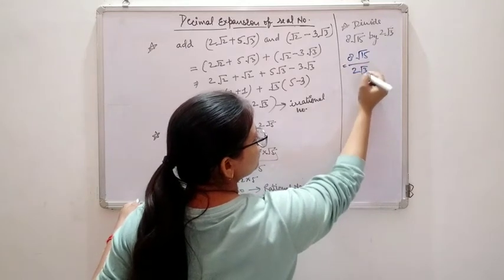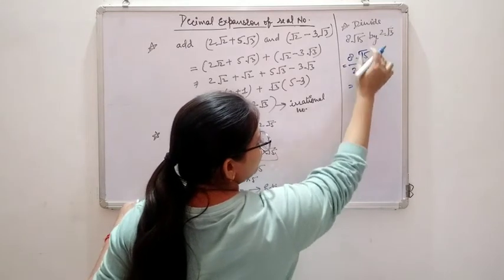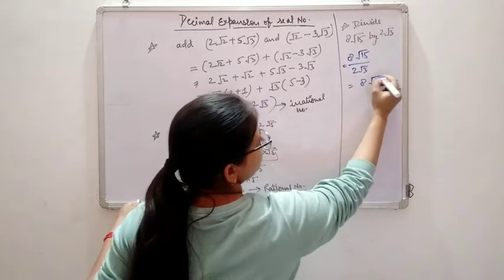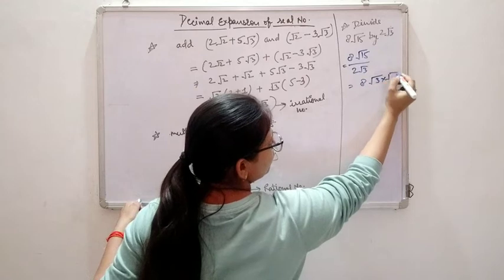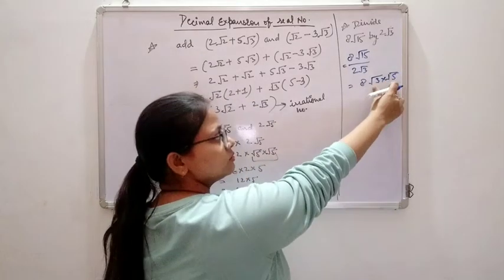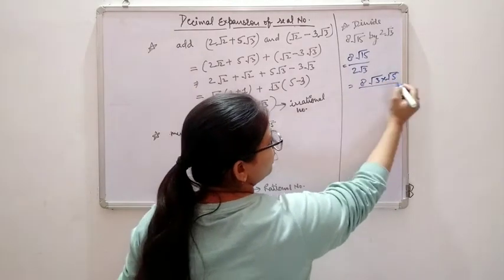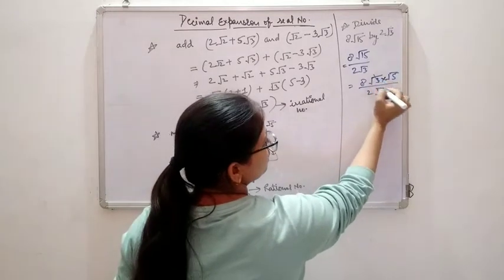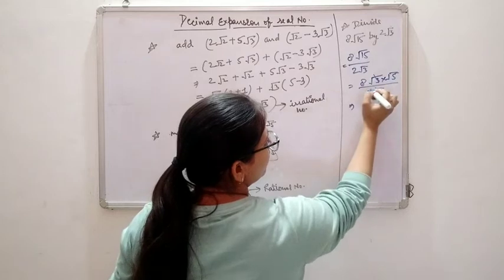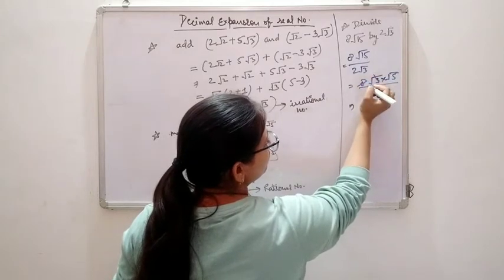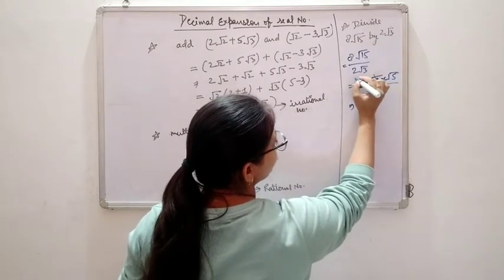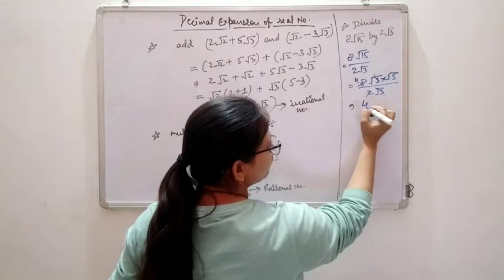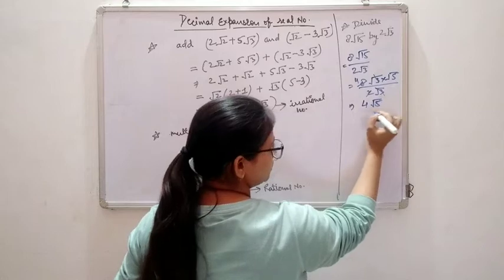Break root 15 into 3 multiplied by 5, so root 3 multiplied by root 5. We can write it as 8 root 3 root 5 upon 2 root 3. So root 3 cancels by root 3, right? And 2 cancels 8 by 4. So it will be like 4 root 5, right?